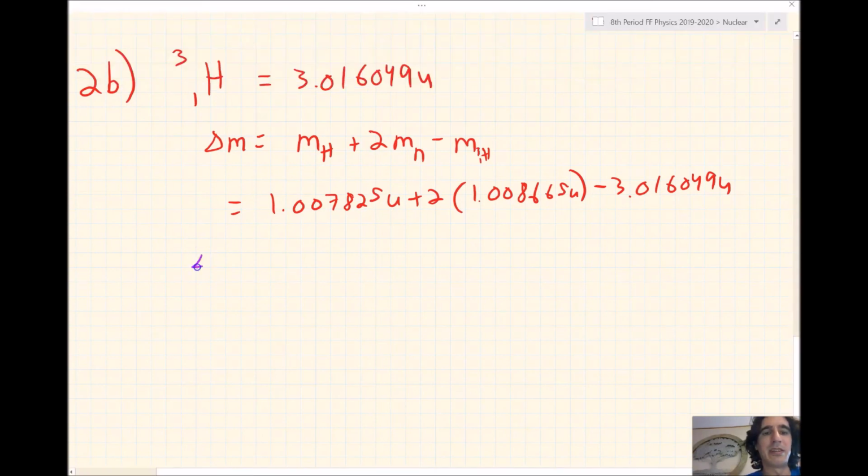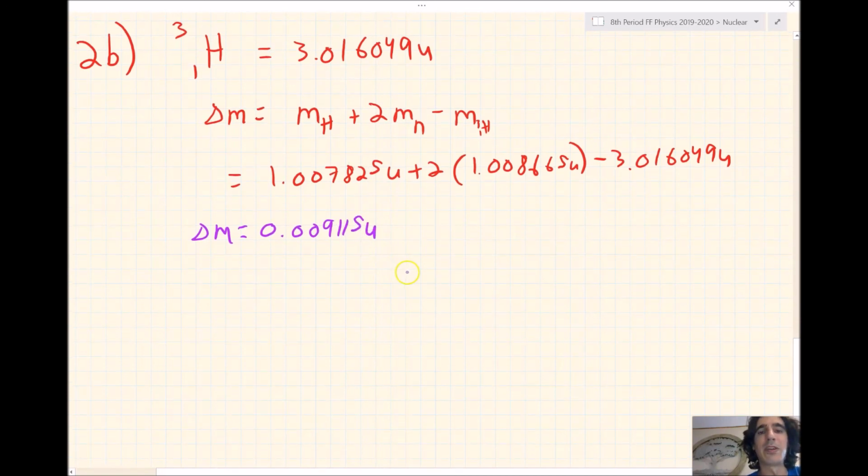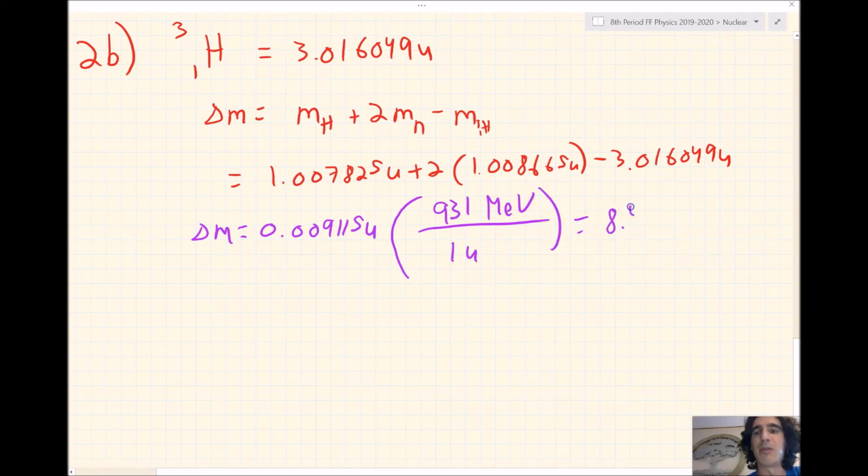Plug and chug, and we get delta M to equal 0.009115 universal mass units. To convert that to its binding energy, 931 mega electron volts per 1 universal mass unit, and we get 8.49 mega electron volts.